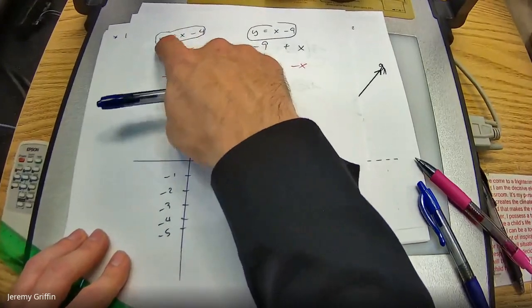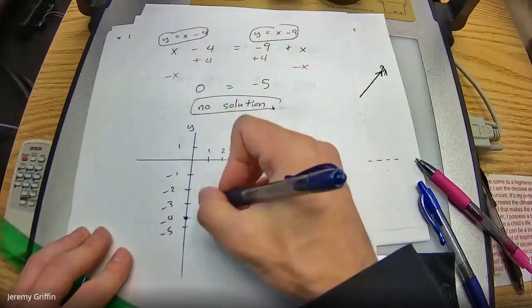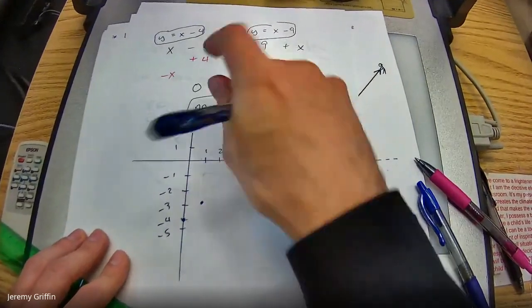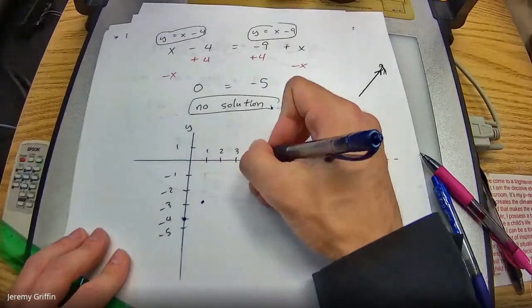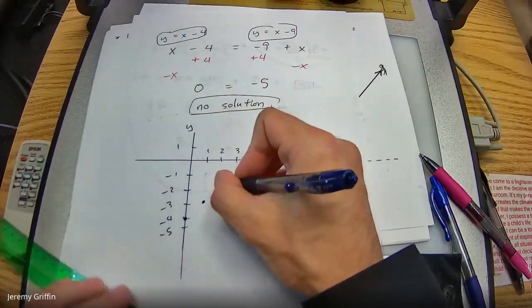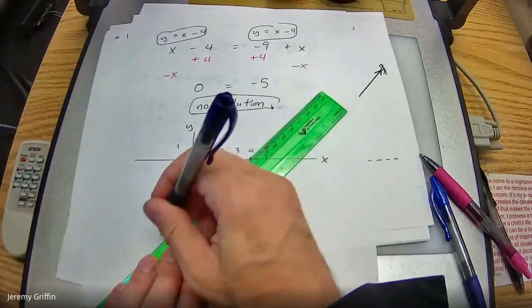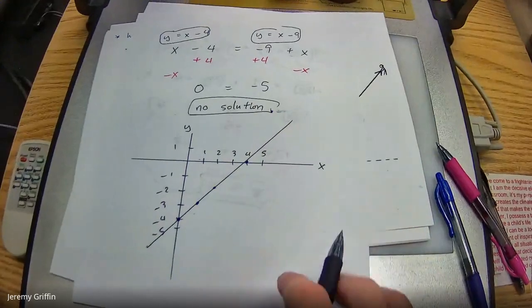So if x is 0, then y is -4, right there. If x is 1, y is -3. Okay. If x is 4, 4 minus 4 is 0. So if x is 4, y is 0. If x is 2, 2 minus 4 is -2. You guys see these are all going to line up on a straight line? Like, that process will never fail you, but sometimes it's kind of long and cumbersome.